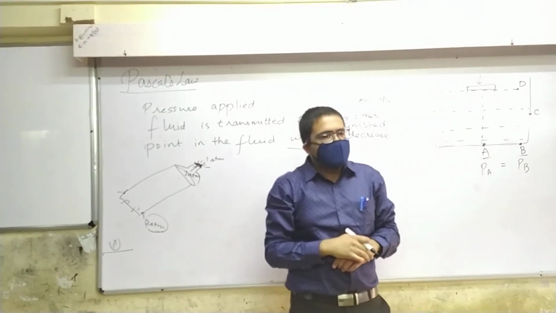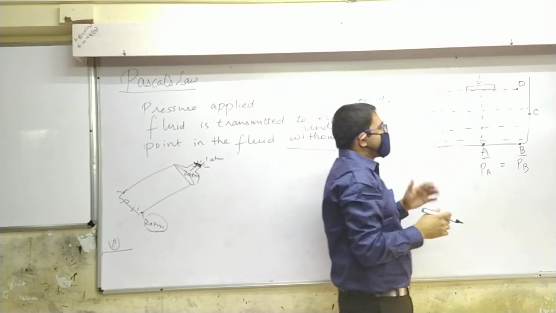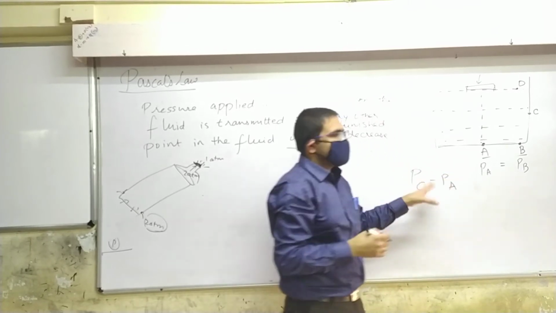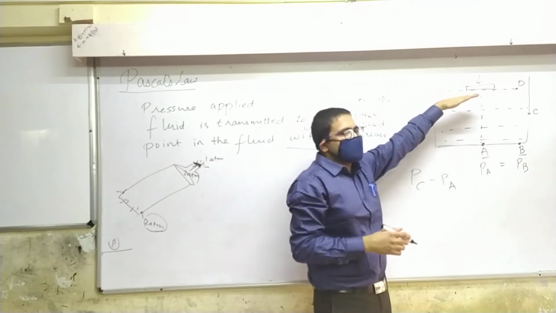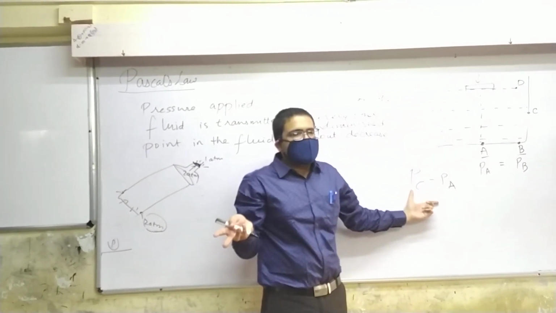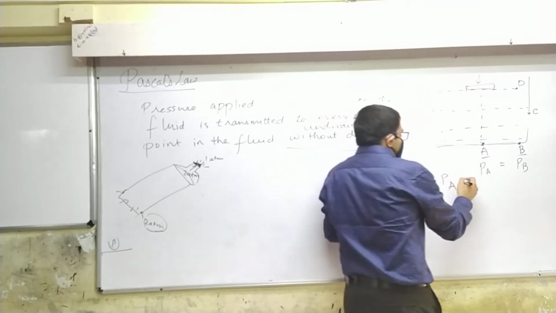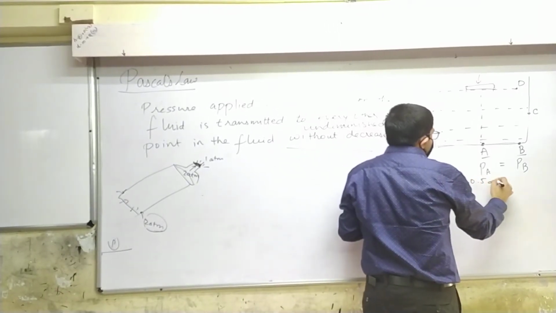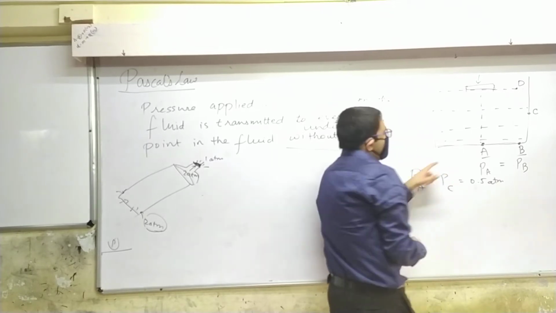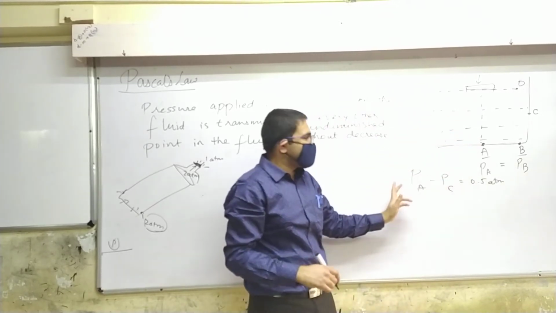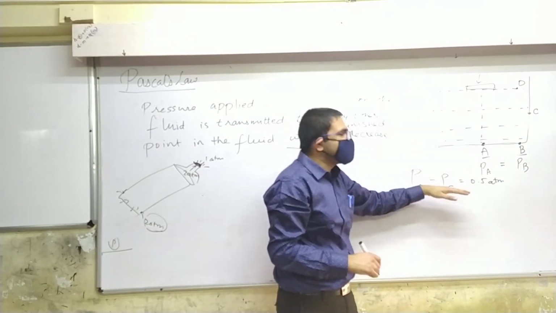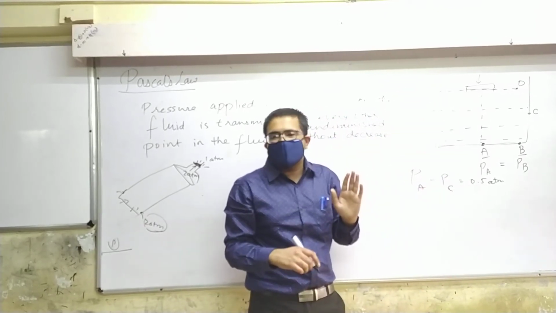Understood? So, you know what that means? Earlier, before you were pressing it, suppose the difference of pressure was delta P. And let's say its value was, for example, half atm. Then even when you press it, the difference still remains the same.